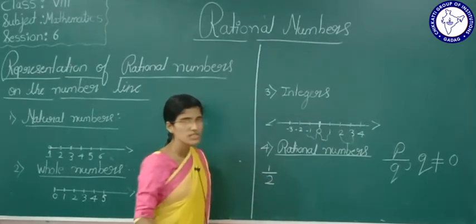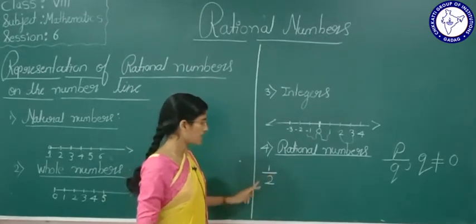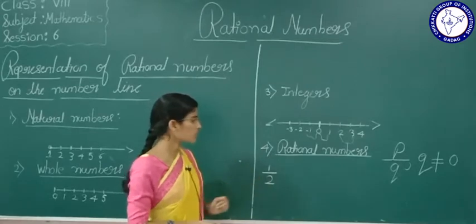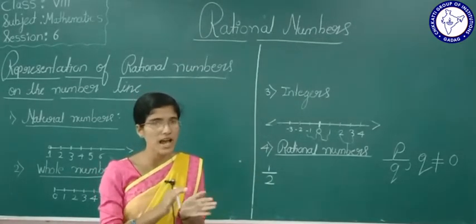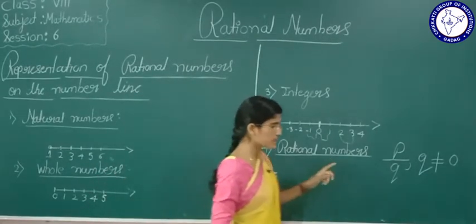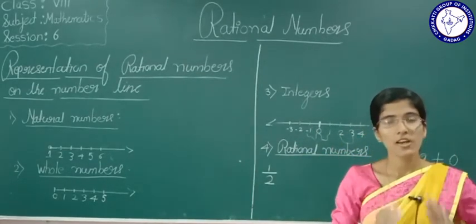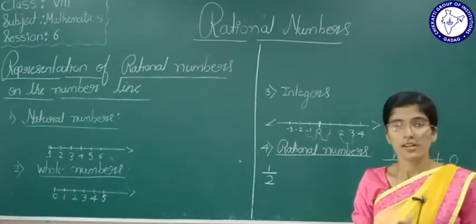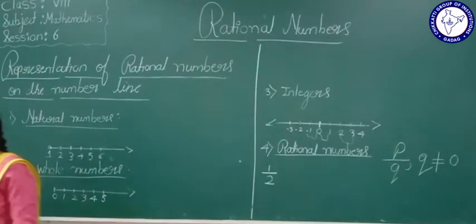Definitely 1 by 2 is a rational number because 1 and 2 are integers and the denominator is not equal to 0. Then how to represent this? Literally you know, half means it will lie between 0 and 1. Yes or no students? But exactly where is the position? In 0 and 1, where is the position? Now we will see how to represent rational numbers on the number line.